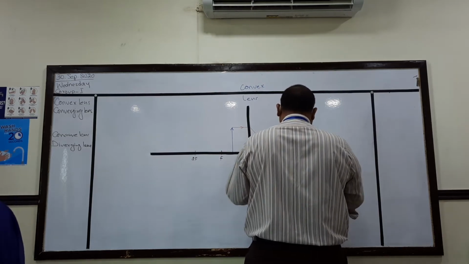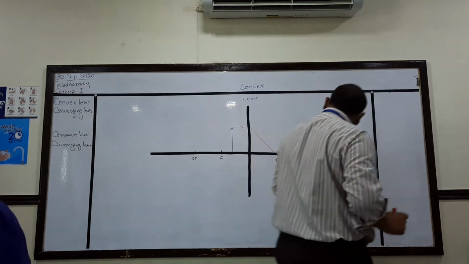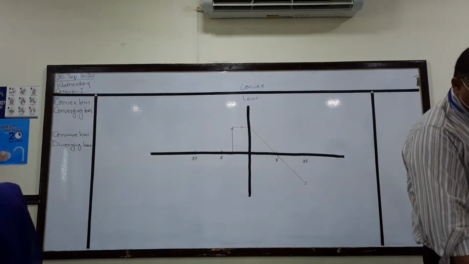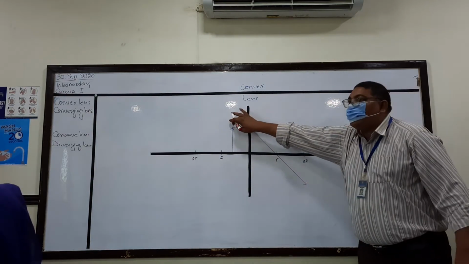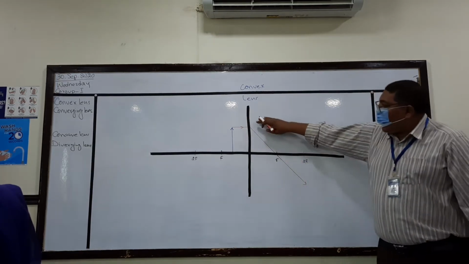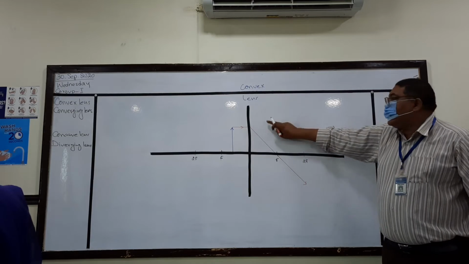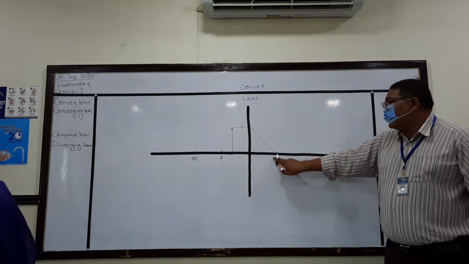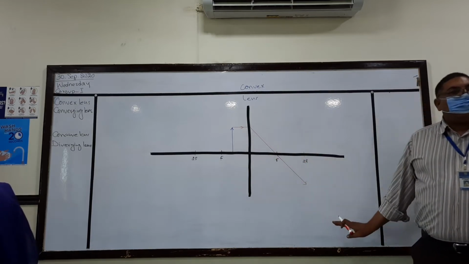Okay? So you see, this is ray number 1. It started from the head of the object, moved parallel to the principal axis, and on the other side, because it's a convex lens, it will be bent and it will be focused on F.